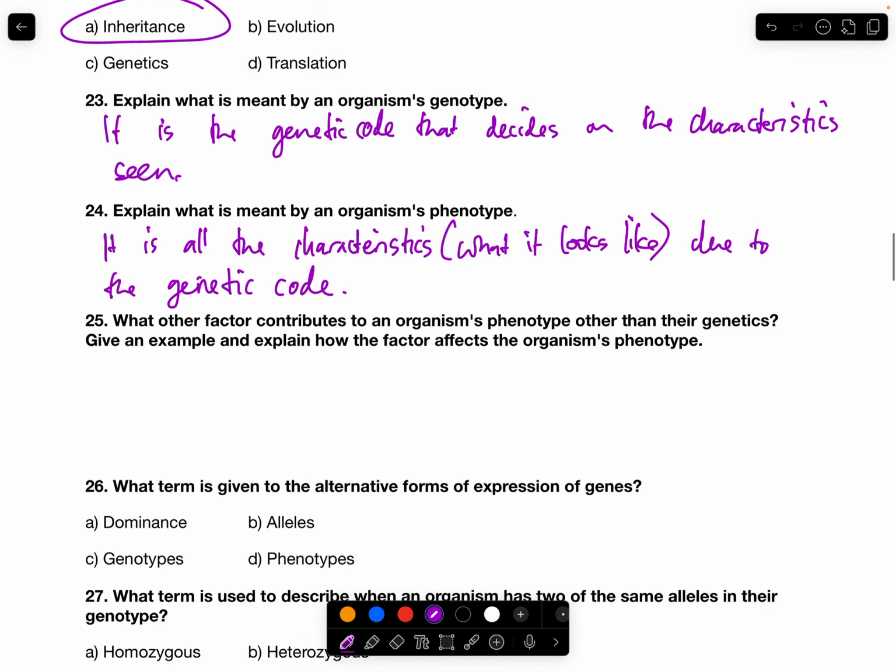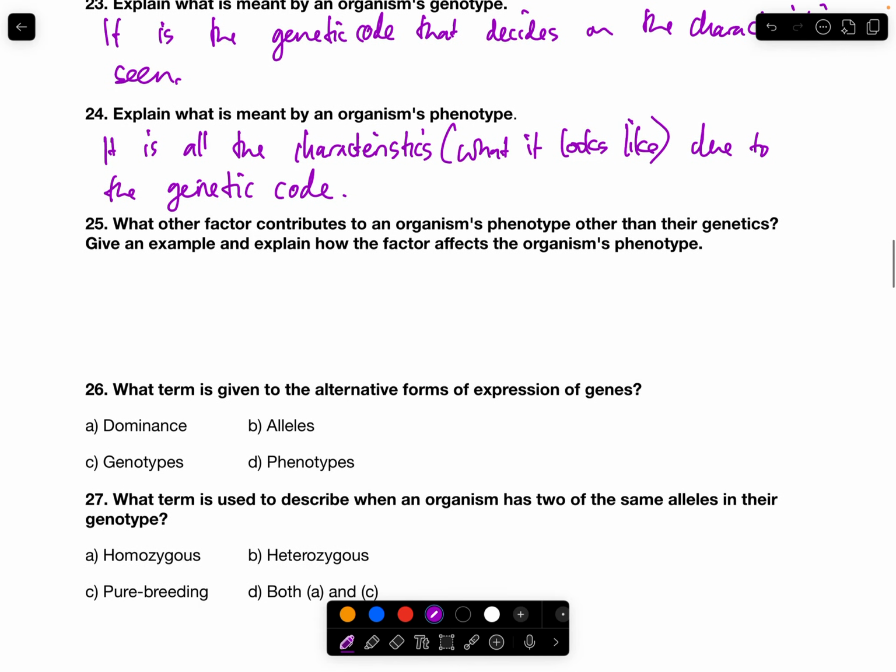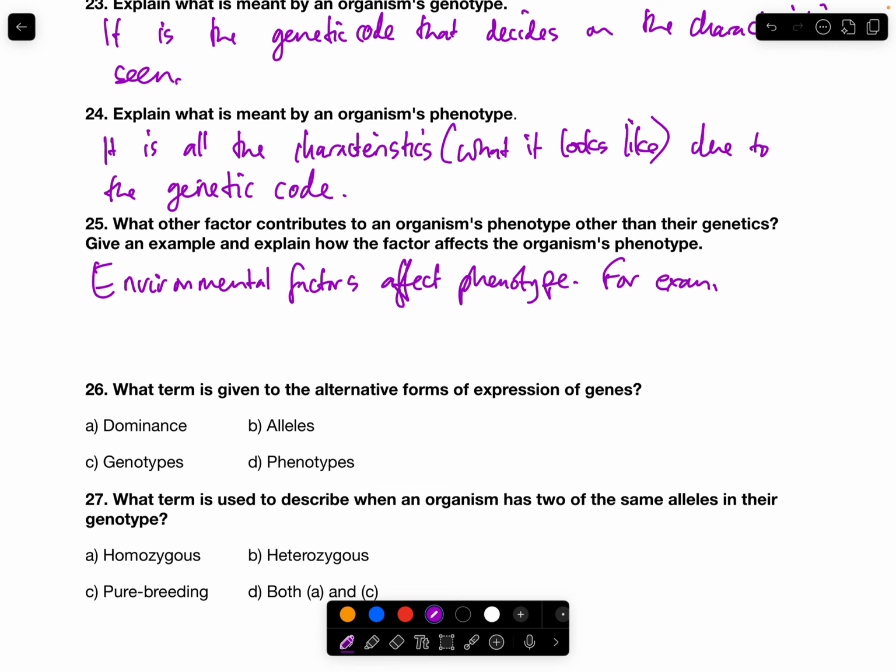What other factor contributes to an organism's phenotype other than the genetics? Give an example, explain how the factor affects the organism's phenotype. So in the lessons we talked about environmental factors. Environmental factors affect phenotype. For example, weight.